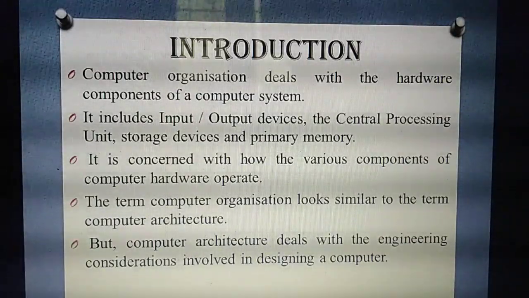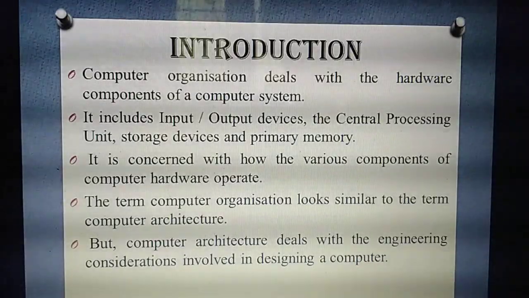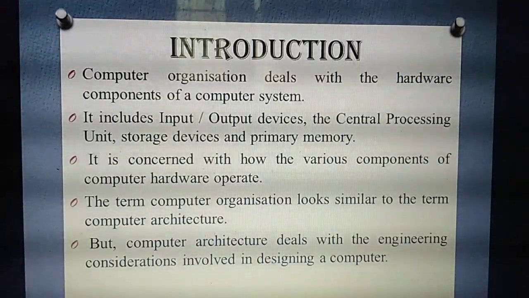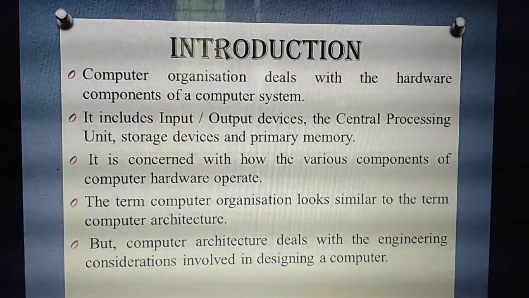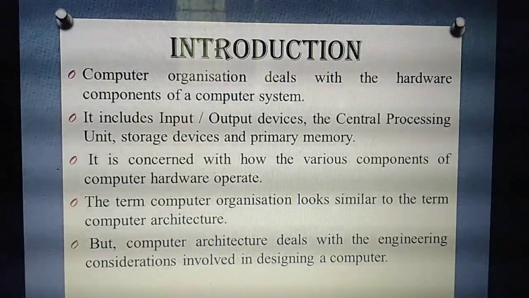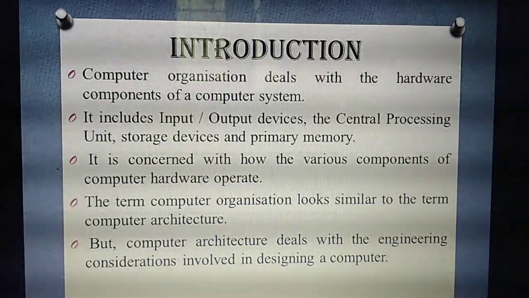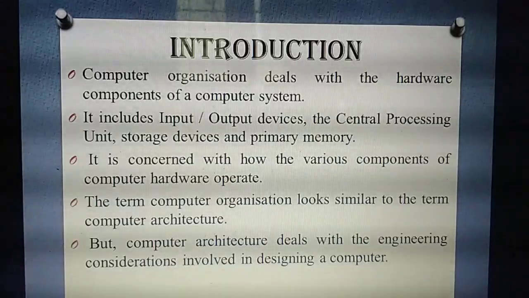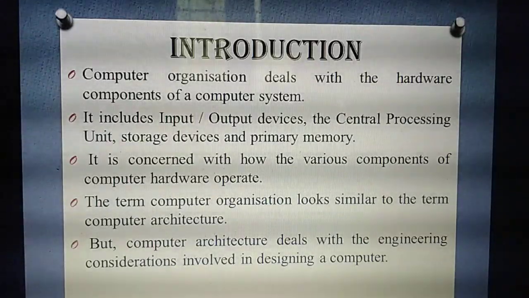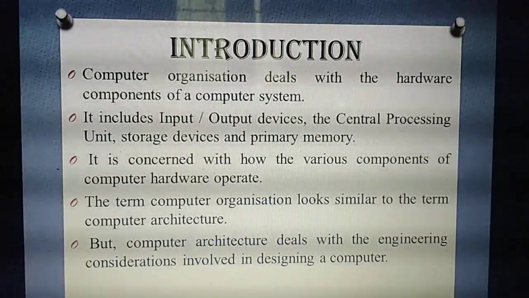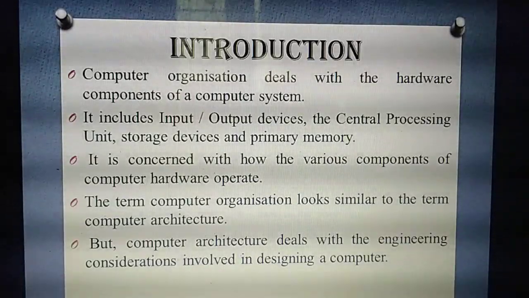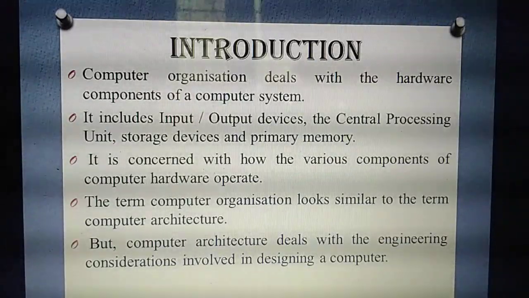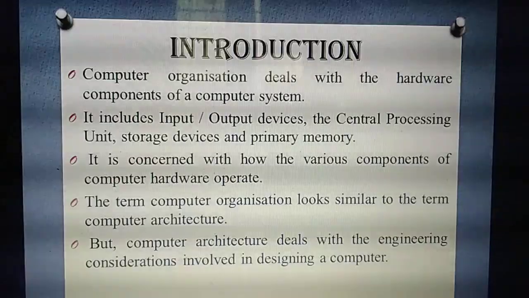So, devices. What devices have you already studied? Two types: input devices and output devices. Another important thing you have studied, a major component of the computer, is the CPU or central processing unit. What devices are inside?